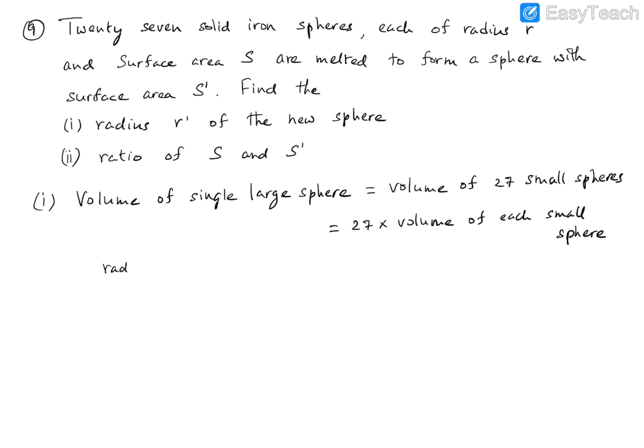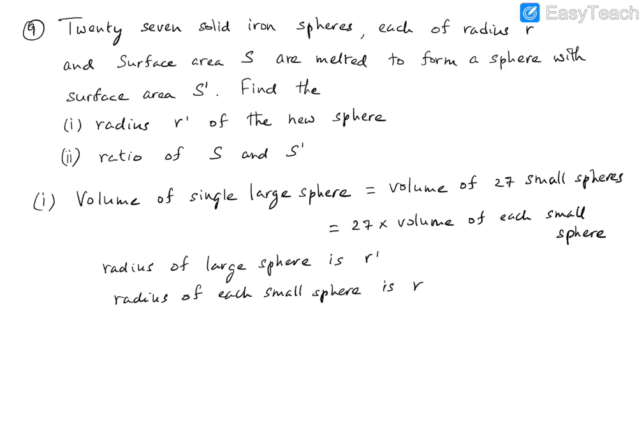The radius of the large sphere is r dash and the radius of each small sphere is r. We will use this in our equation for equating the volumes.